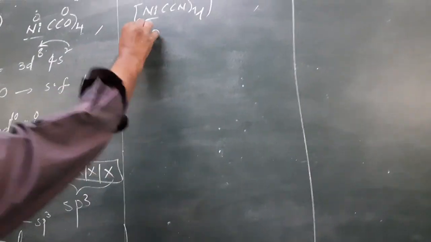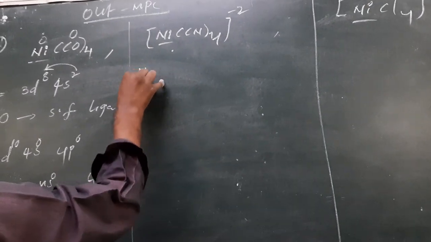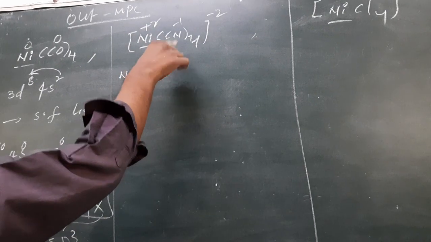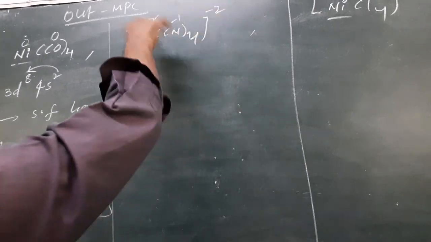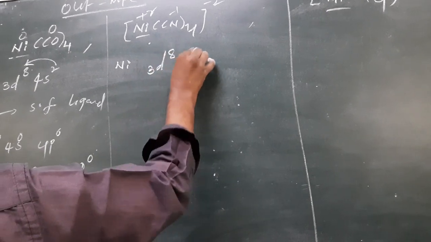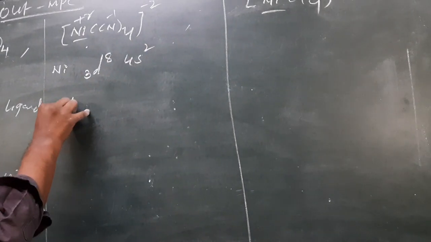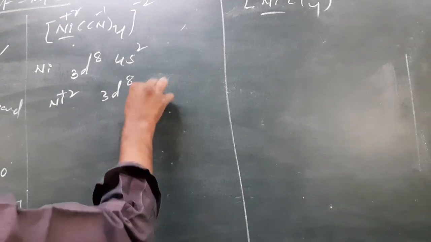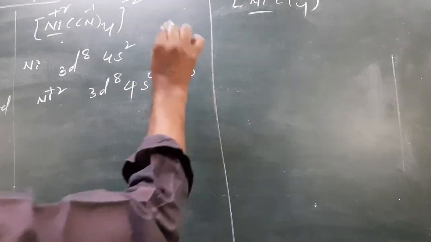And if you see this complex, same nickel. Here nickel is +2 because cyano is -1, so 4 cyano is -4, which means nickel is in +2 oxidation state. So configuration 3d8 4s0 4p0.